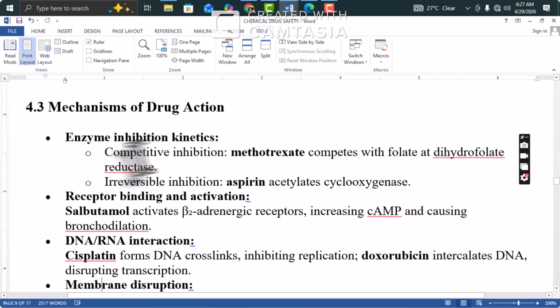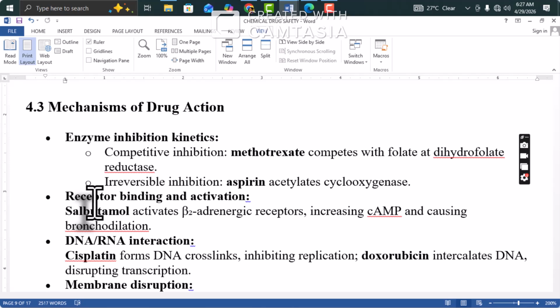So that's A. Two is what we call receptor binding and activation. So for receptor binding and activation, you can have the active binding to an enzyme or a receptor in the body, and when it binds to that receptor, it activates it.